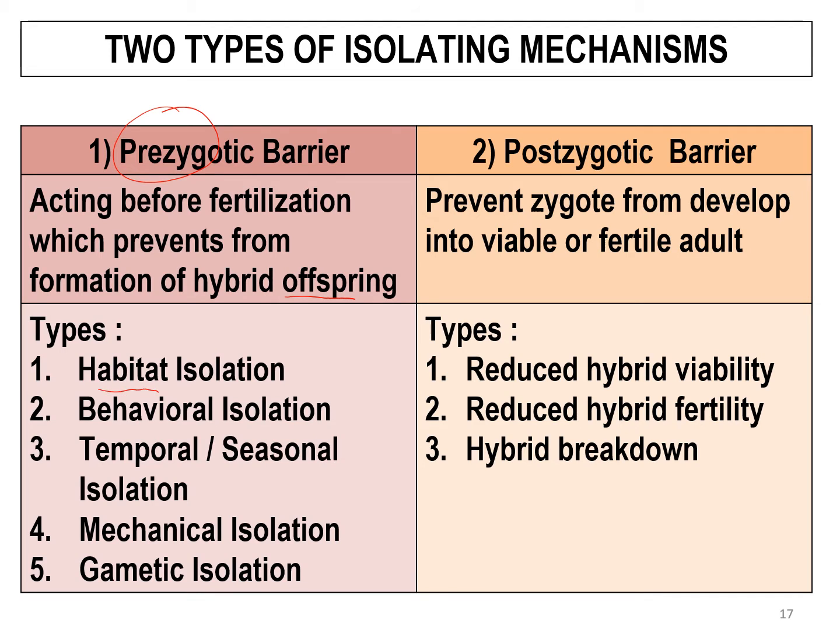So first, habitat isolation. Duduk dekat tempat yang berbeza. Tak jumpa lah. Ni jangan cerita ada internet ke tak ada internet kan. Duduk tak jumpa. Katalah kahwin online, tapi tak jumpa-jumpa. Nak datang sperma nak jumpa dengan ovum. Behavioral isolation. Behavior.